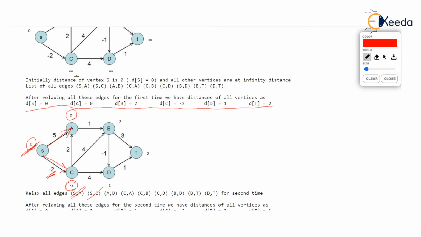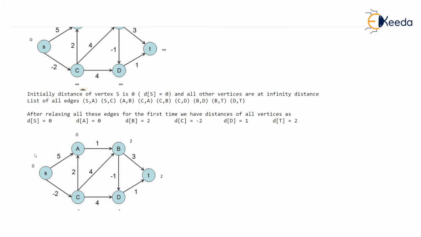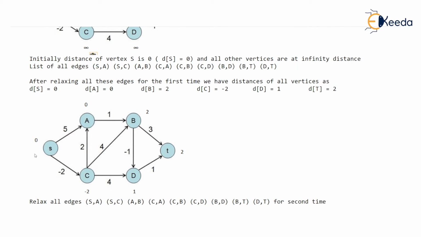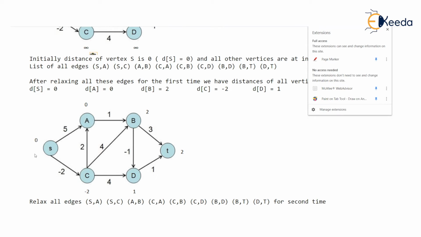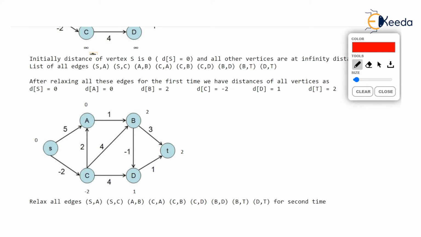I hope you're able to see that. I'll just increase the font. I think that's better. Yeah, this is better. Okay. So there was no change to distance of A and distance of C, isn't it? After relaxing S comma A and S comma C.